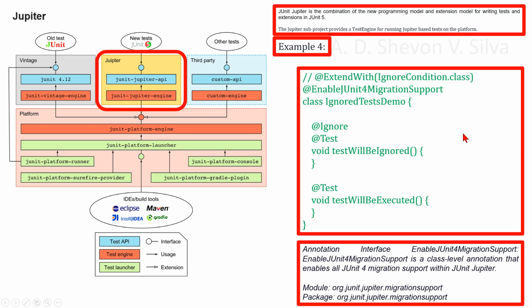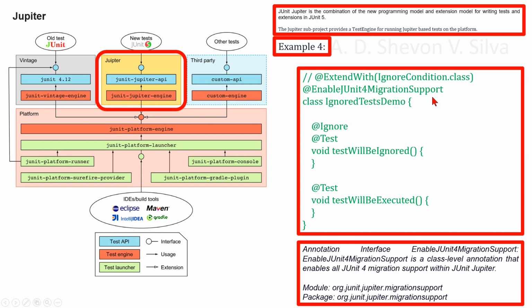To use @Ignore with JUnit Jupiter-based tests, configure a test dependency on the junit-jupiter-migrationsupport module in your build, and then annotate your test class with @ExtendWith(IgnoreCondition.class), or @EnableJUnit4MigrationSupport, which automatically registers the IgnoreCondition along with limited JUnit 4 rule support.